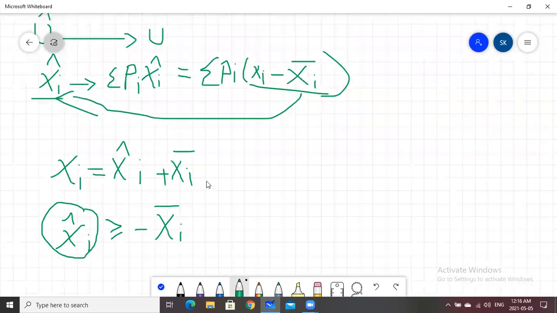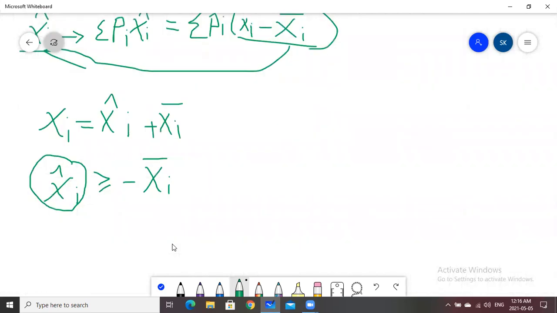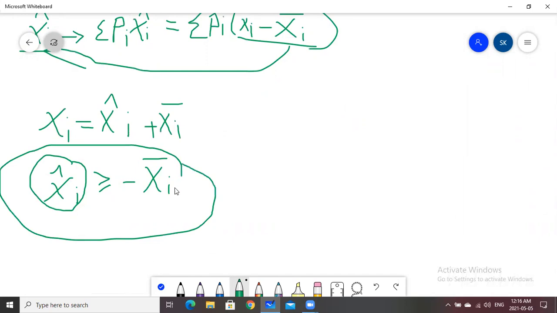And of course, we know that I starts from 1 and can end at any n number, showing that the supply of goods cannot exceed the endowment of the goods. Therefore, what does this equation show? The supply of the goods cannot exceed the endowment of the goods.